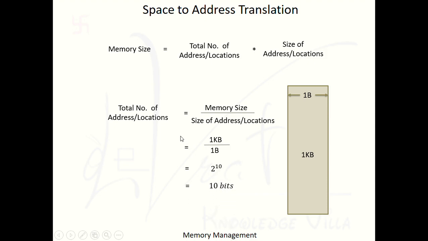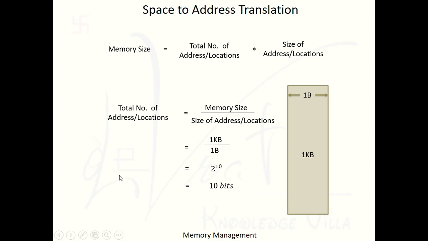The total number of addresses we can generate is 2 raised to 10, or 1024 addresses, and 10 bits are required to generate these addresses.